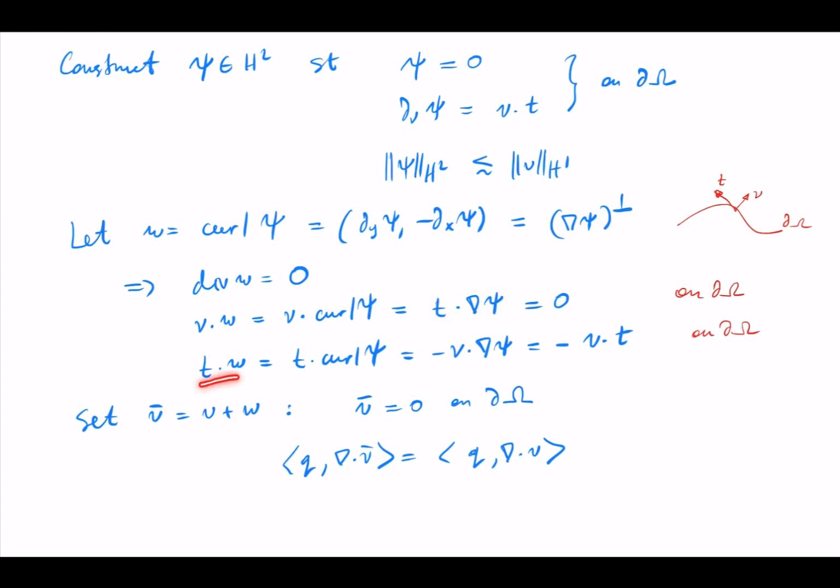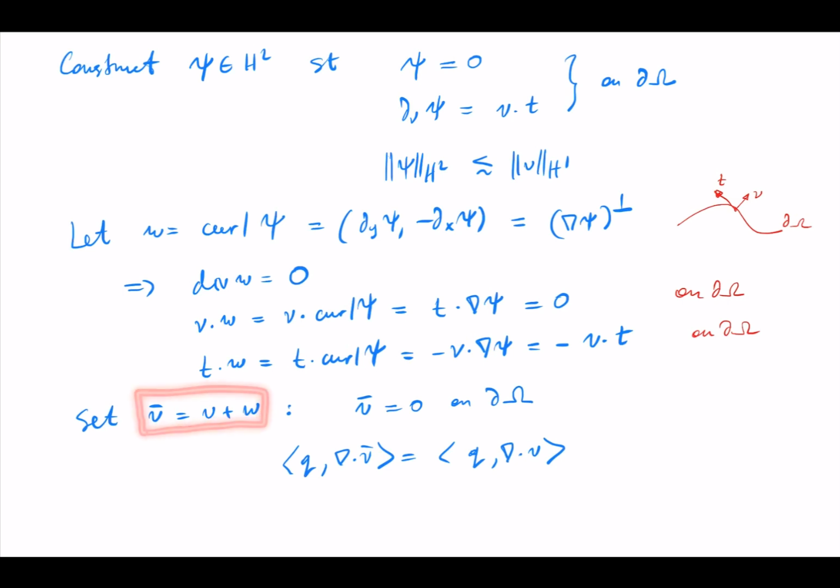Now let's look at the tangential component of W. Again, tangential unit vector dotted with curl. By the same reason, it will be equal to minus the unit normal dotted with the gradient, and this is just the normal derivative of psi, which is by construction equal to V dotted with T, or the tangential component of V. So we now modify our V by adding W to it.